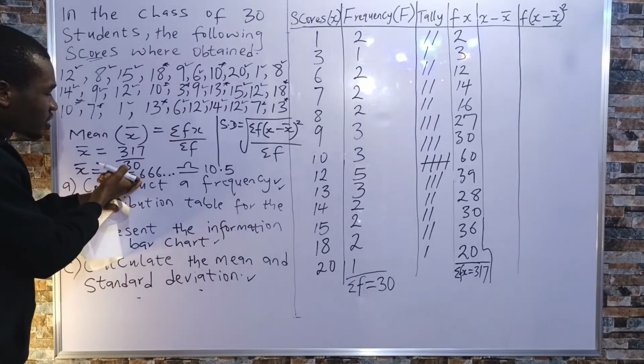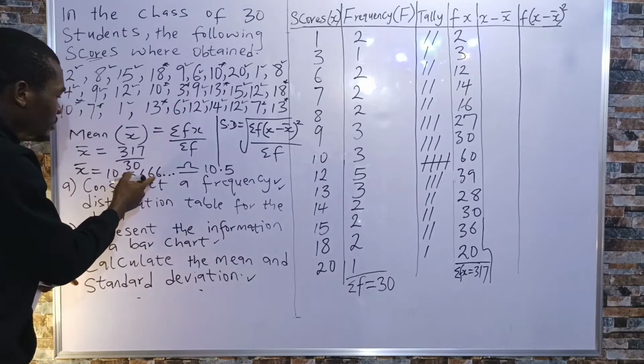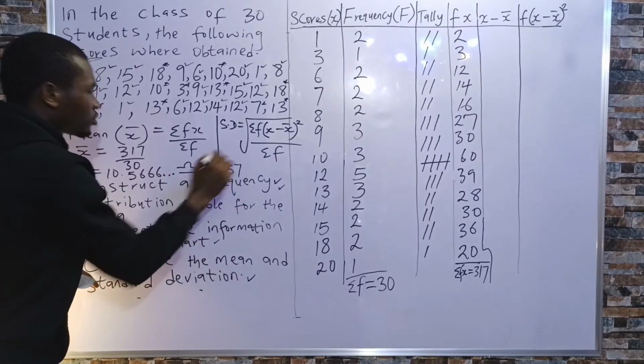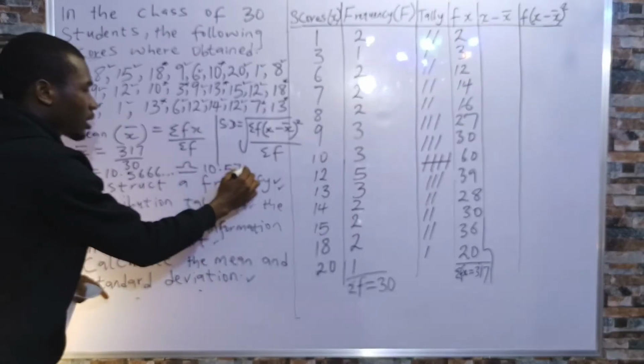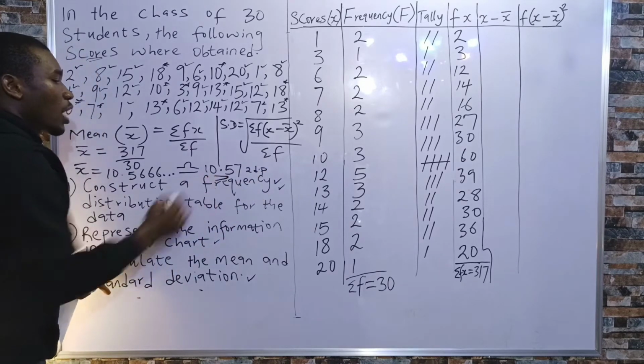But the number that follows this 5 is 6, so I will round it up, taking 1 from this 6 and putting it in this 6 here, it will change to 7. So approximately to 2 decimal places. So this is the value for our mean.